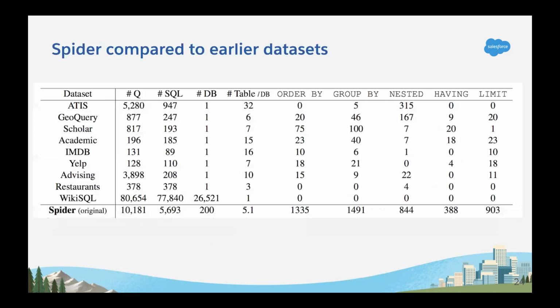Comparing Spider with earlier, more traditional datasets, Spider has a larger number of questions, SQL queries, and databases. And compared with WikiSQL, it covers more different SQL patterns that WikiSQL doesn't.